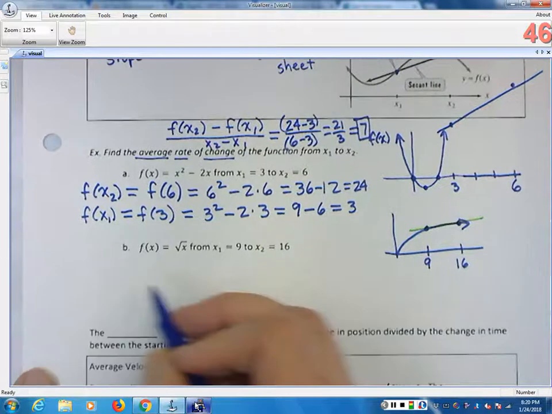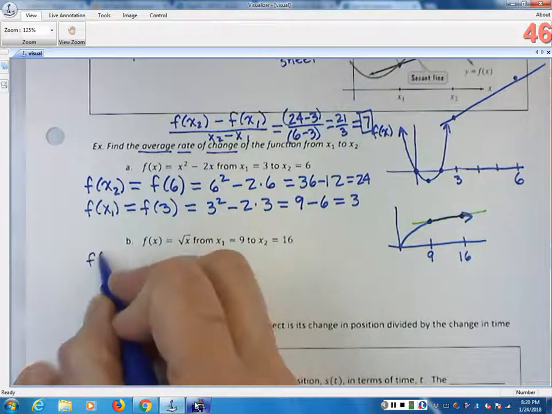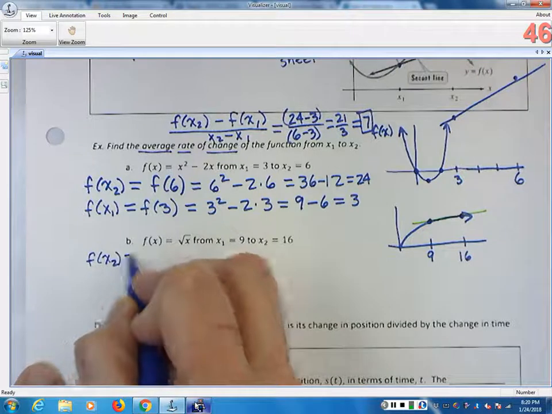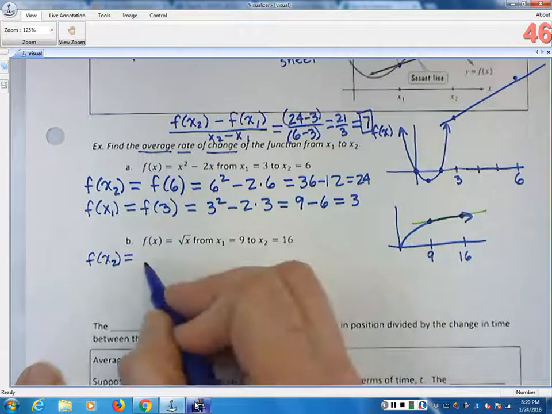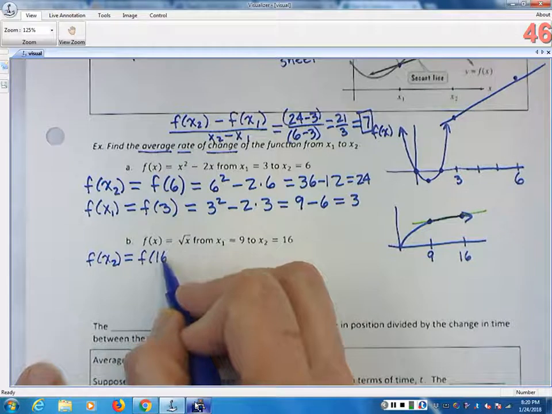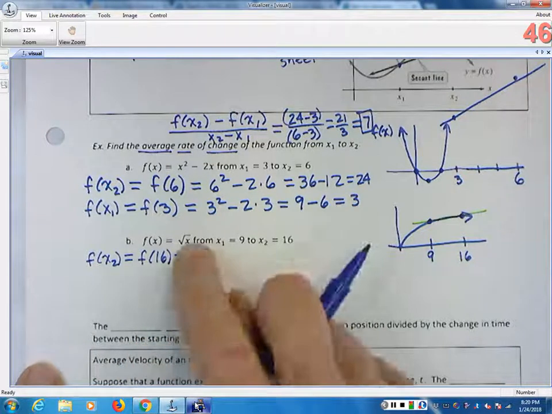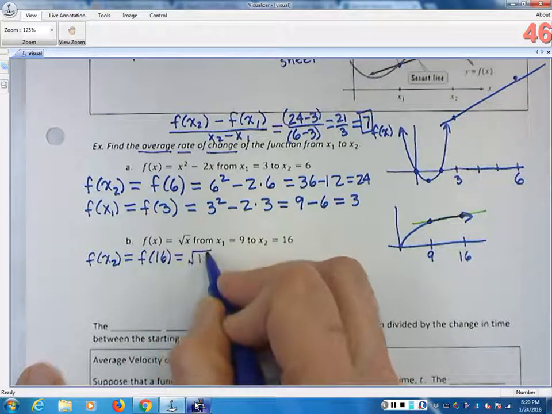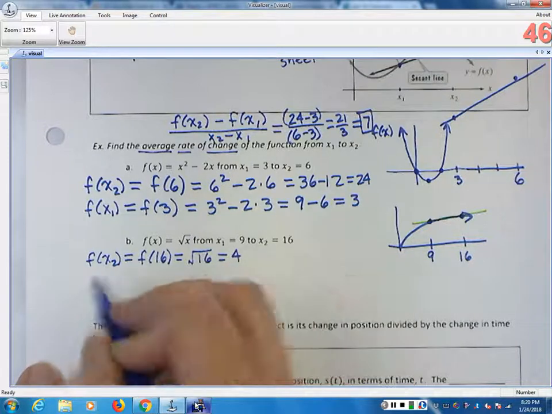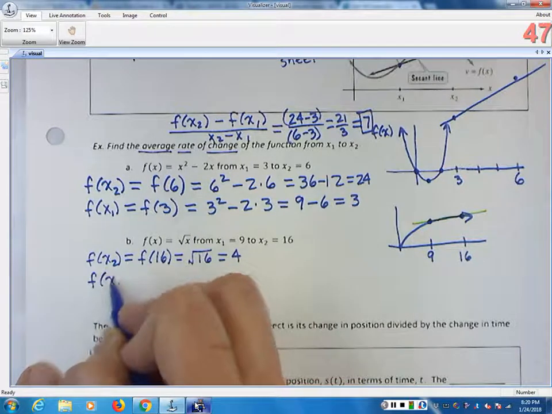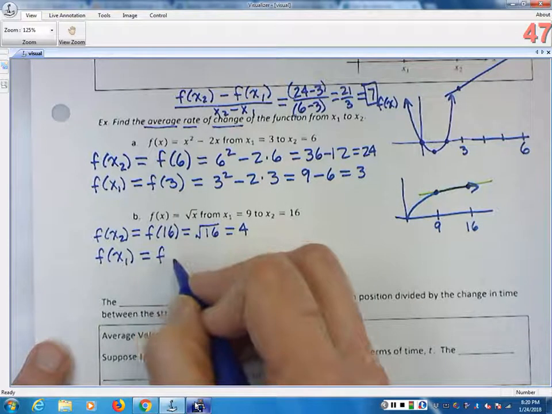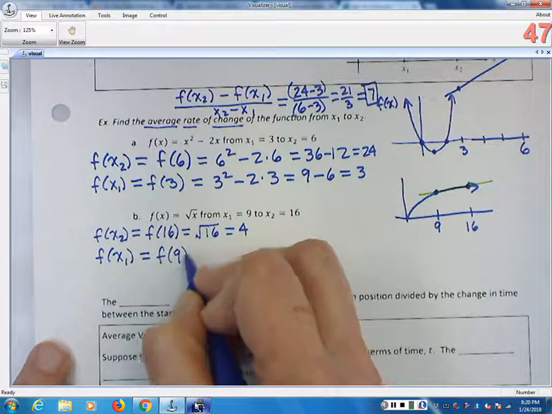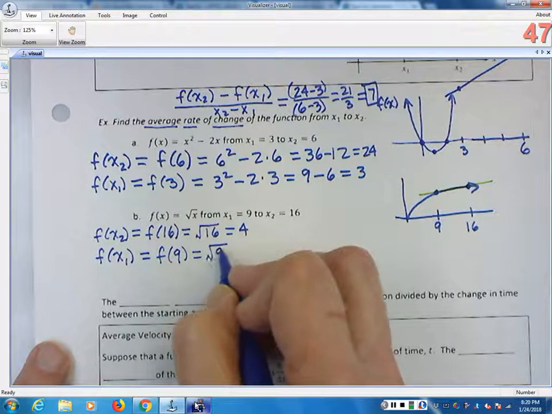So we're going to find f of x2. We just plug in, that's f of 16. We plug in 16 for x, we're taking the square root of 16, is 4. And f of x1 is f of 9, the square root of 9, is 3.